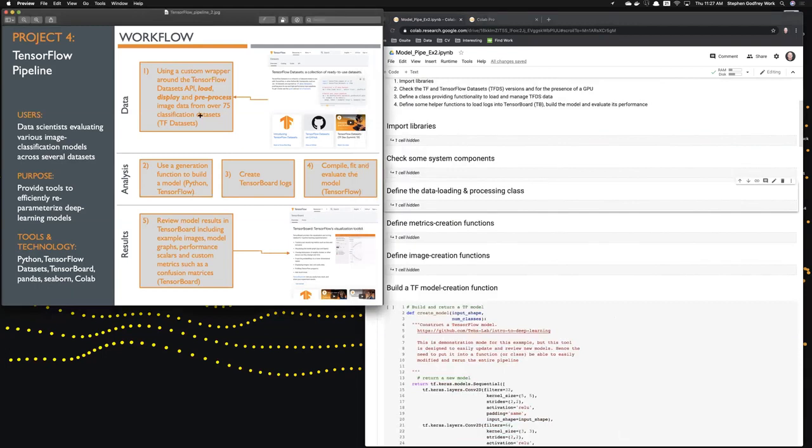So the objective here is, as I said, to build a pipeline that allows data scientists to quickly evaluate different models. Step one is being able to pull in data, and here we're using the TensorFlow data set for that. Step two is to run it through an algorithm or a model building function that builds the model, does the fitting, generates the statistics, and then you want to review those.